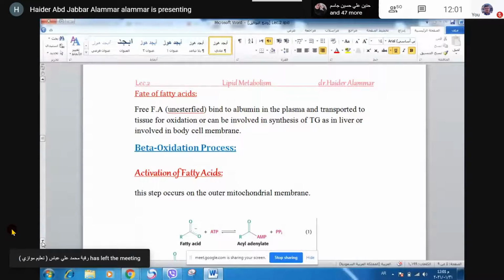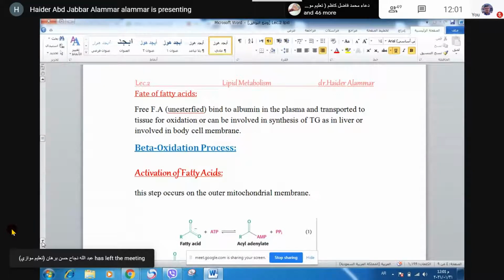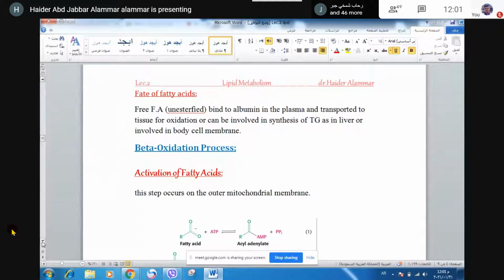The free fatty acid after catabolism either benefits us in our body for oxidation to yield energy, or is involved in the synthesis of triglyceride in the liver. What does the liver do with the triglyceride? It is incorporated in the very low density lipoprotein, which is rich with triglyceride, just like chylomicron.